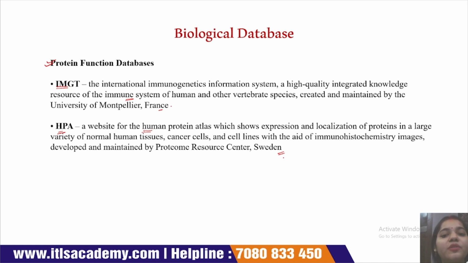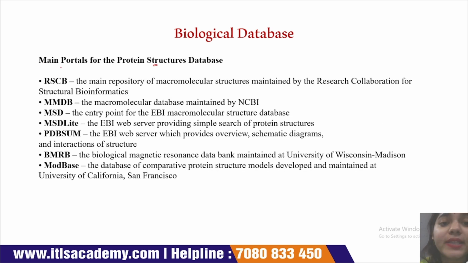IMGT is responsible for the integrated knowledge resource of the immune system of humans and other vertebrates, and HPA is responsible for showing the expression and localization of protein in a large variety of normal human tissues, cancer cells, cell lines, etc. Okay, now we discuss the protein structural database.